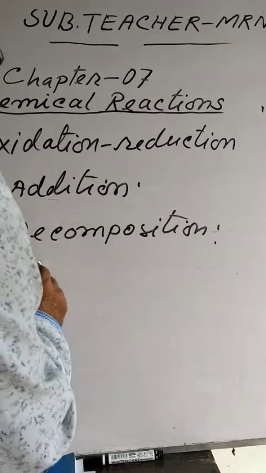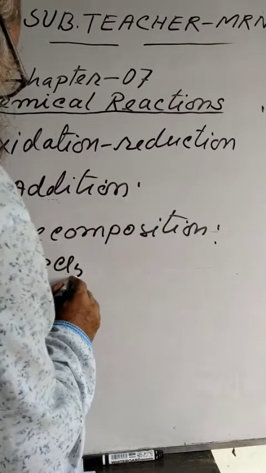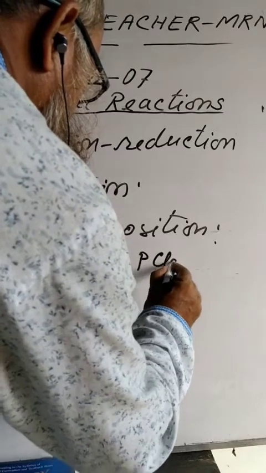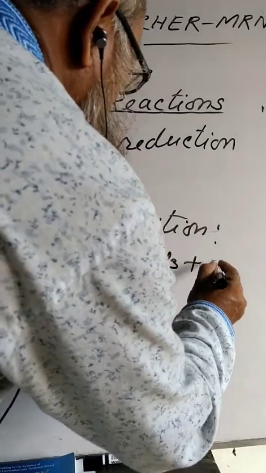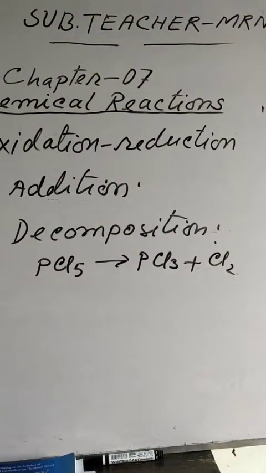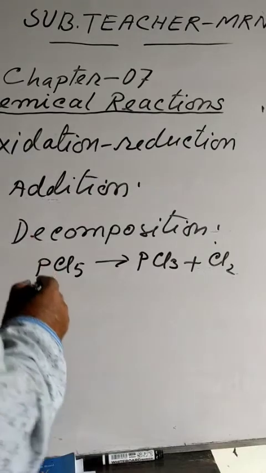For example, phosphorus pentachloride is broken into phosphorus trichloride and chlorine. Here phosphorus pentachloride is decomposed into the simple compound phosphorus trichloride and the element chlorine. Another example, water.